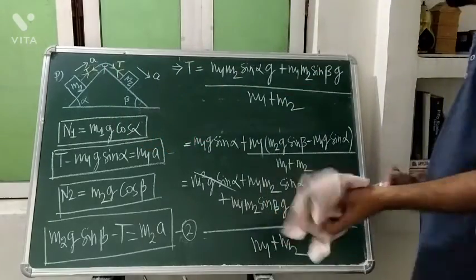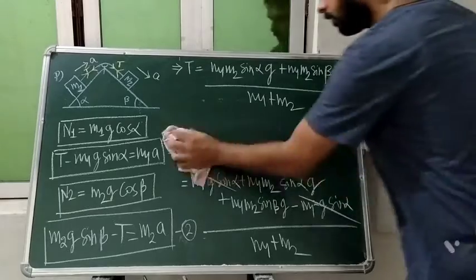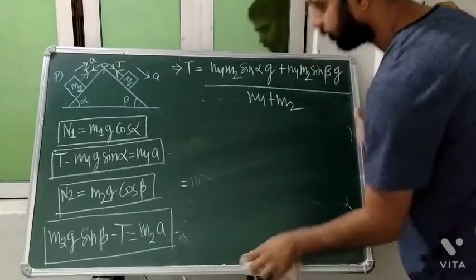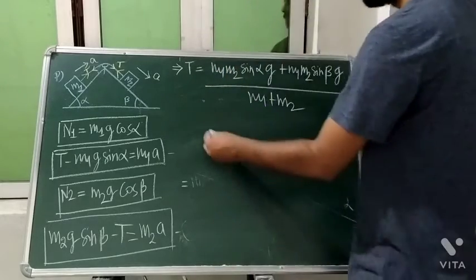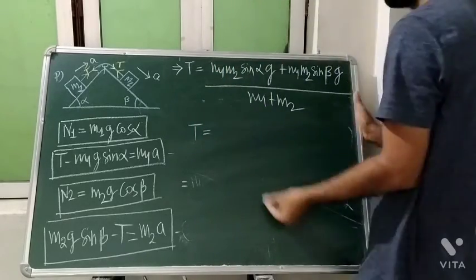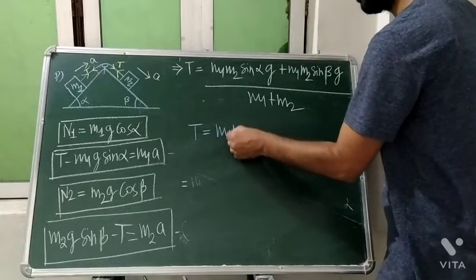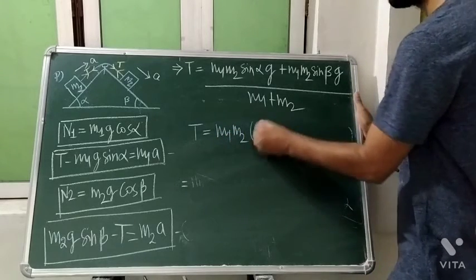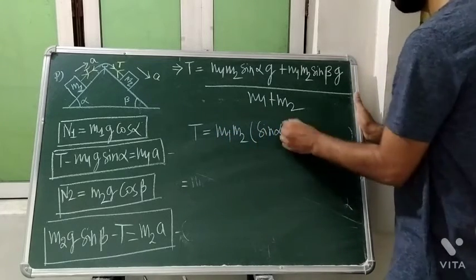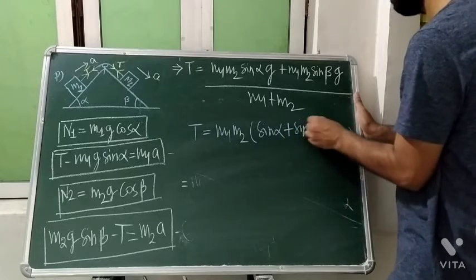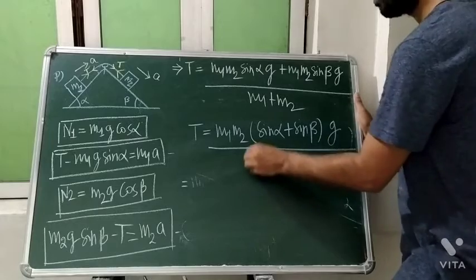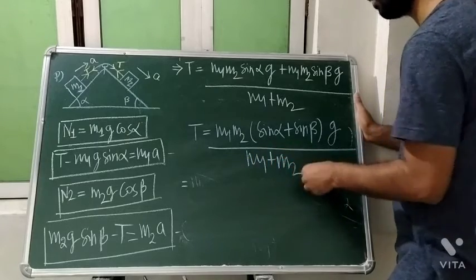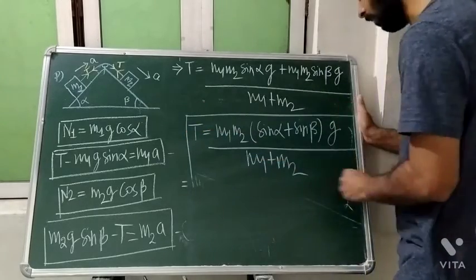Okay, and I'm going to rub the lower side. You can write the equation of tension this way: m1 m2 you can take as common, this will come out sin alpha plus sin beta, times g, which you can also take as common, divided by m1 plus m2.